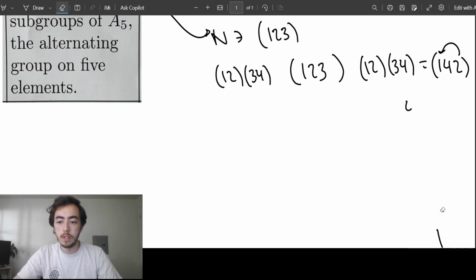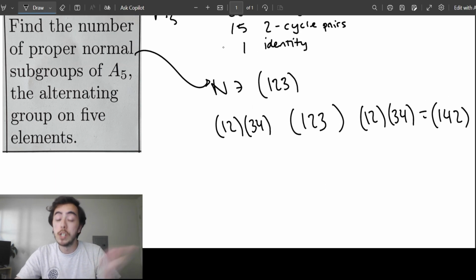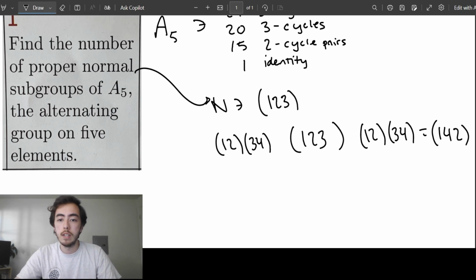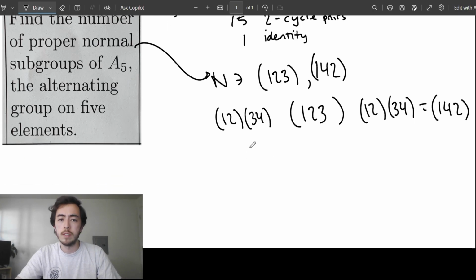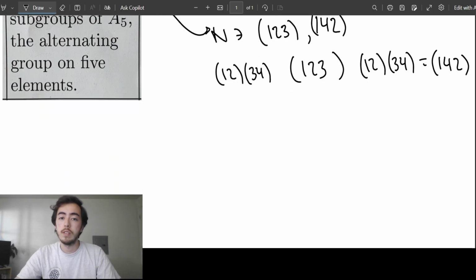So what this tells me is that if we assume we have a 3 cycle in our potentially normal subgroup N, then I do need to also include this one, (1 4 2). And also for it to be a subgroup, I need to find inverses of the elements that we already have. So I need to find the undoing operation. So (1 2 3) actually doesn't have its inverse yet in our normal subgroup.